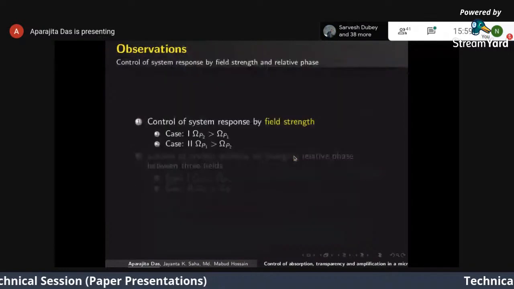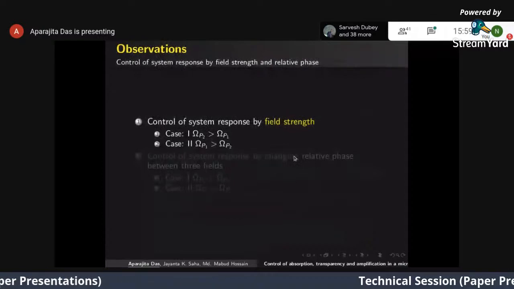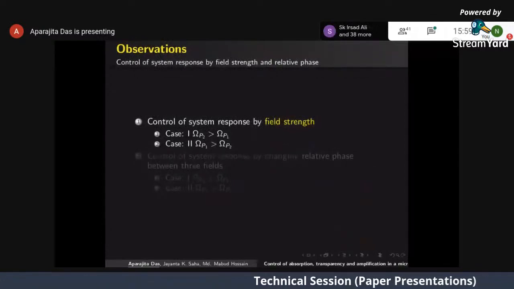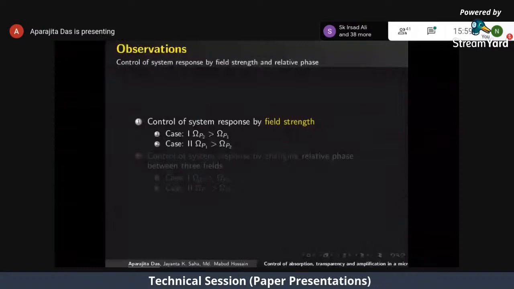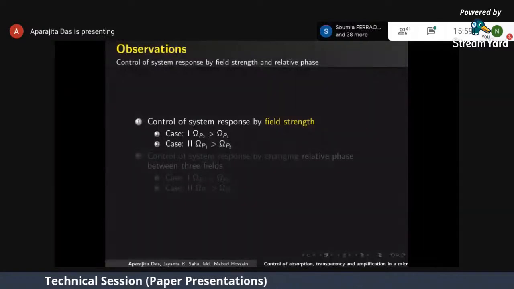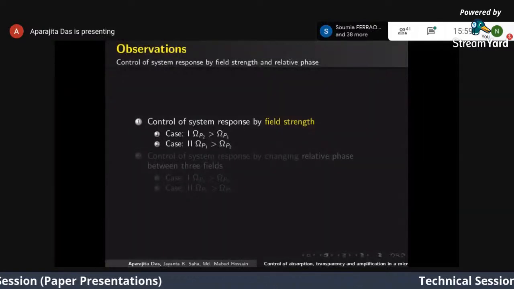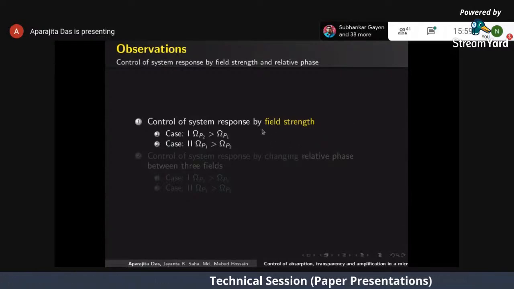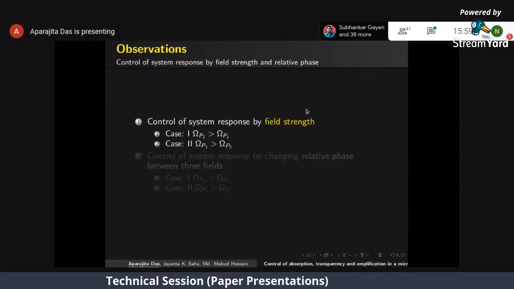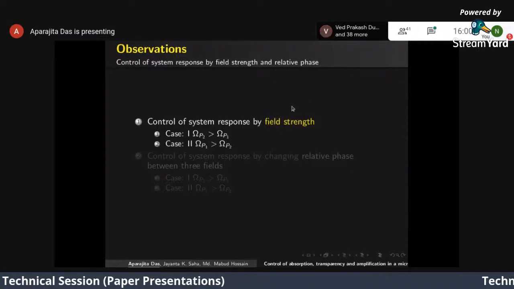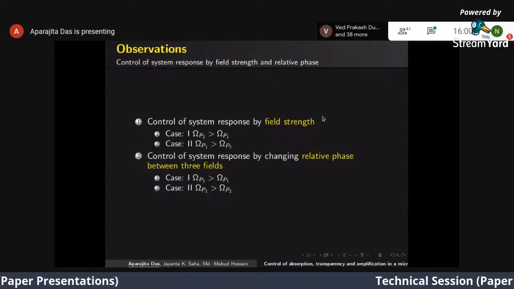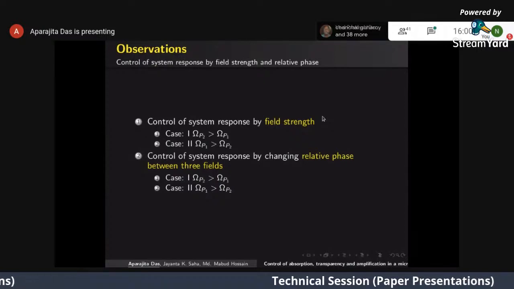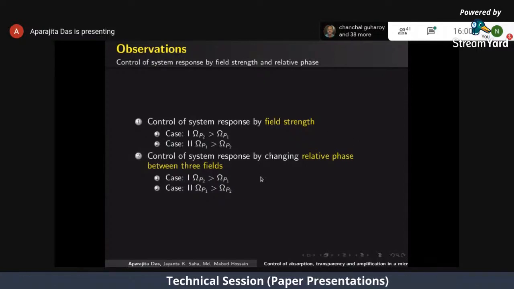Now, what are the observations of our work? We have separated our investigation into two parts, where first of all we have investigated the effect of field strength, and in the second part we have investigated the effect of the relative phase on the probe absorption profile.